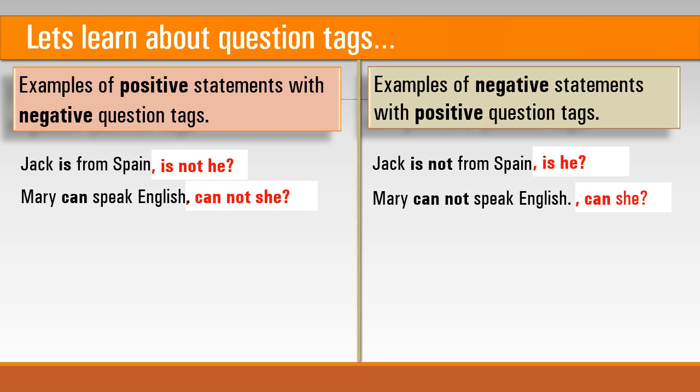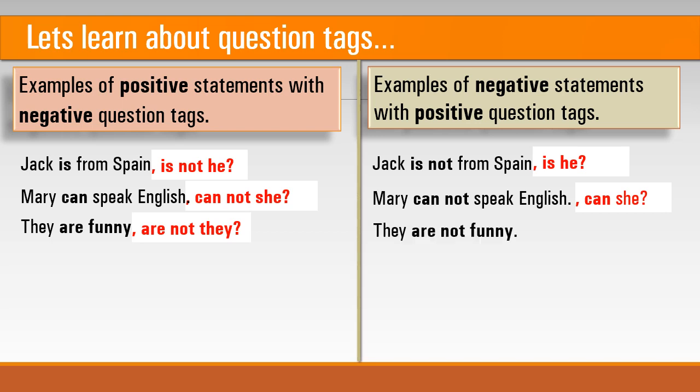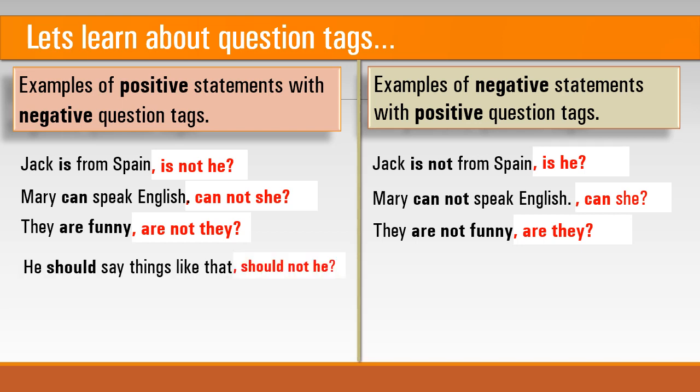Can she? They are funny. Are not they? Aren't they? They are not funny. Are they? He should say things like that. Should not he? If it goes to the negative side, let us see. He should not say things like that.